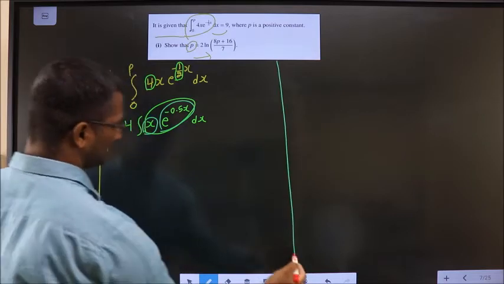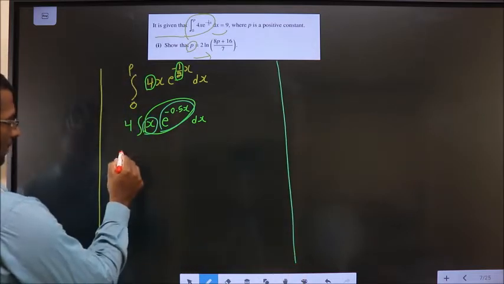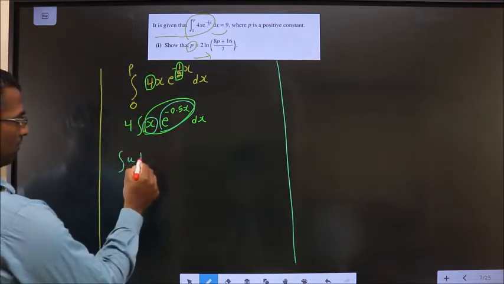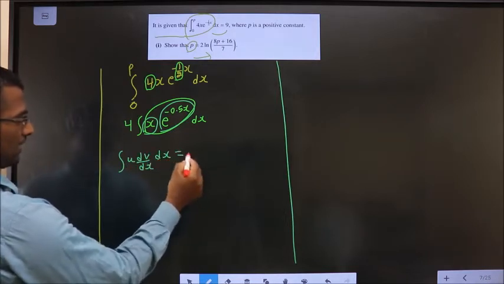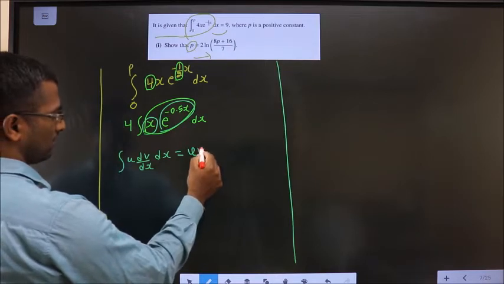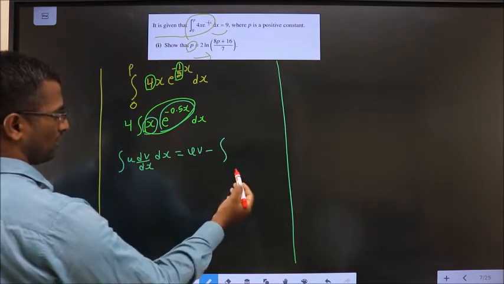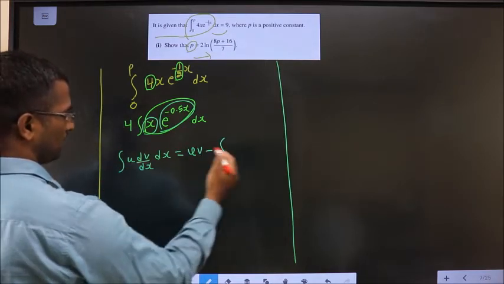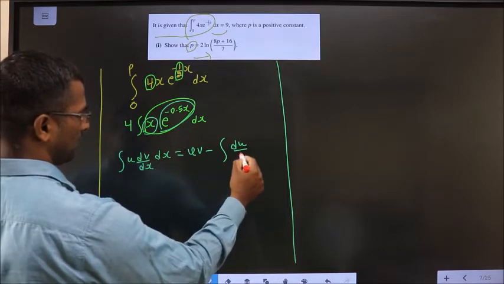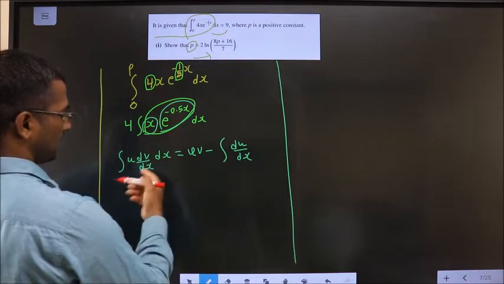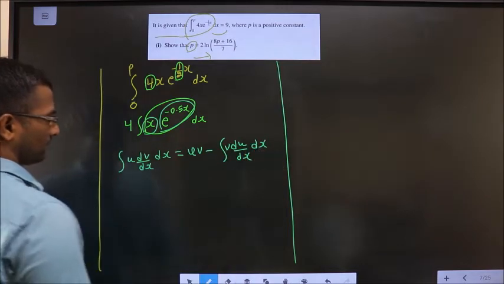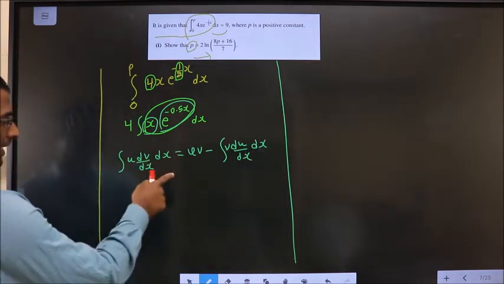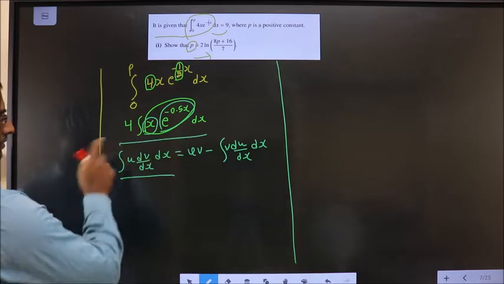So the integration by parts formula is integration of u dv by dx is equal to uv minus integration of v du by dx dx. Okay, I equate these two.